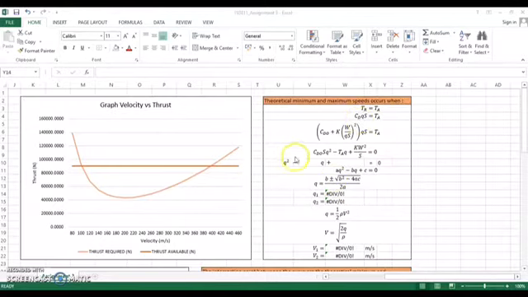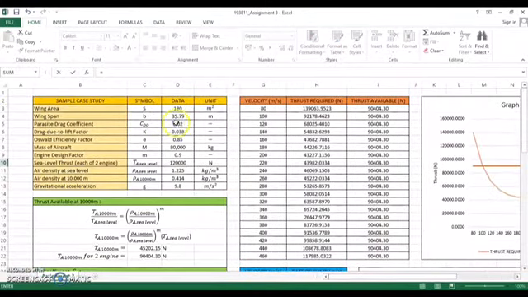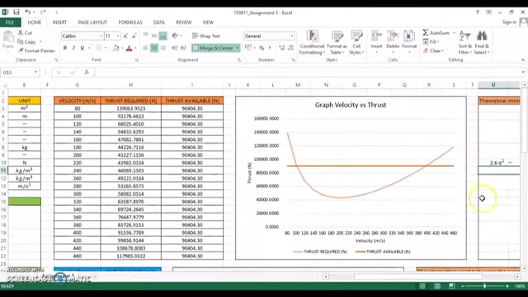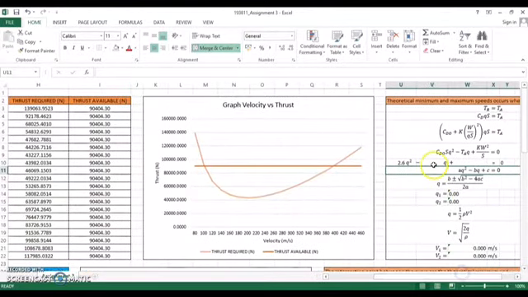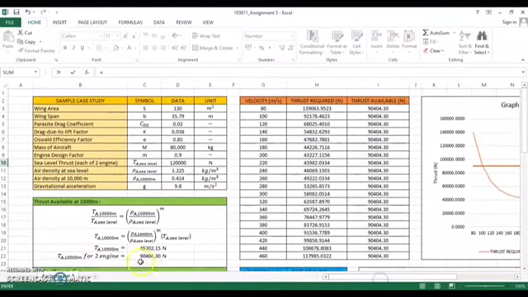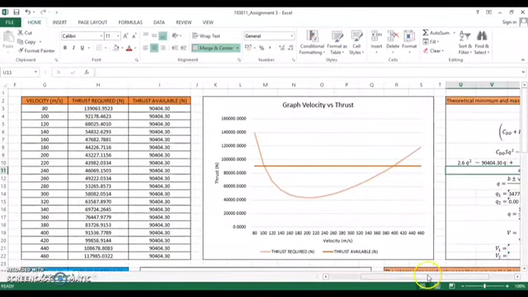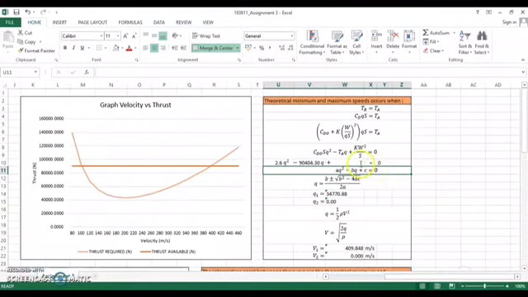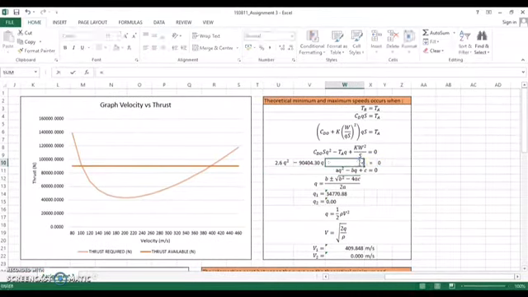From this equation, we include the data, which is CD naught multiplied by S, and we get 2.6, and this one is TA. And this one is for KW.